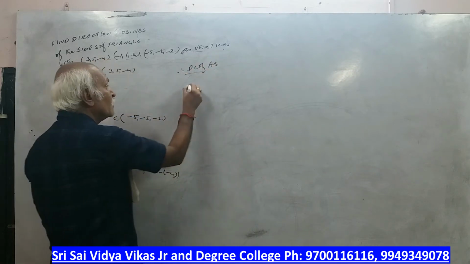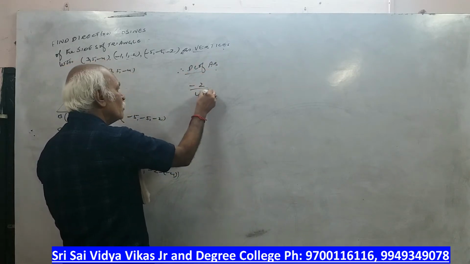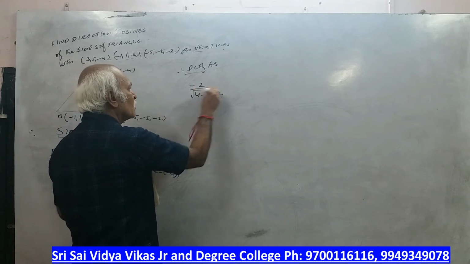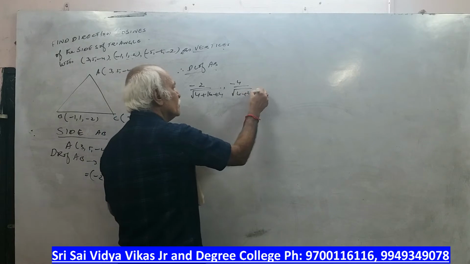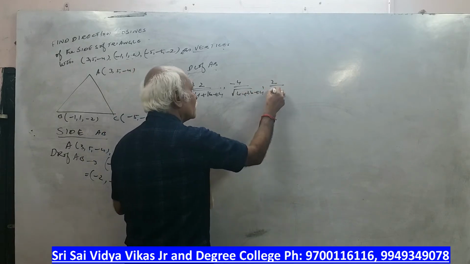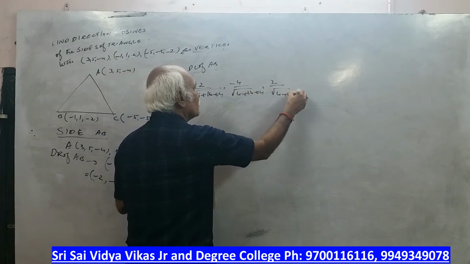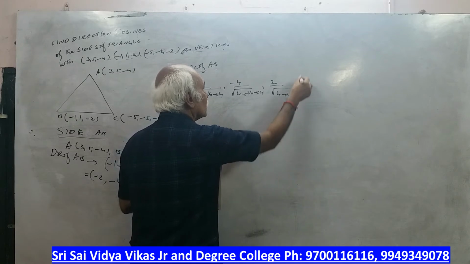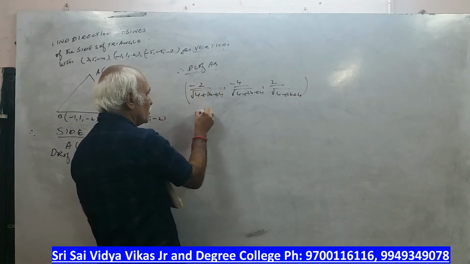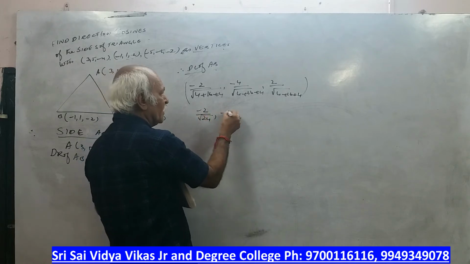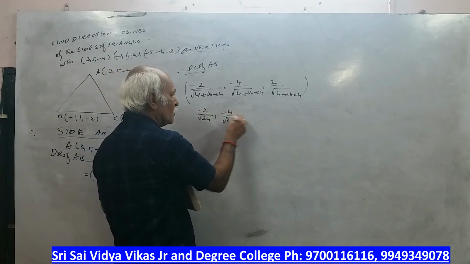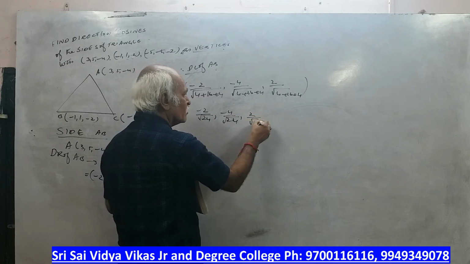So what will happen? Minus 4 by root of 16 plus 16 plus 4, comma minus 4 by root of 16 plus 16 plus 4, comma 2 by root of 16 plus 16 plus 4. So this becomes minus 4 by root 36, minus 4 by root 36, 2 by root 36.